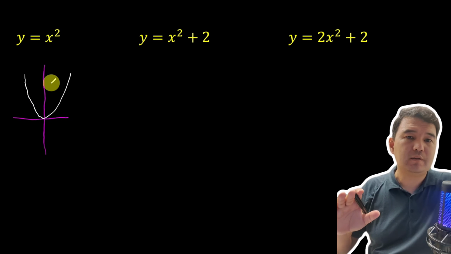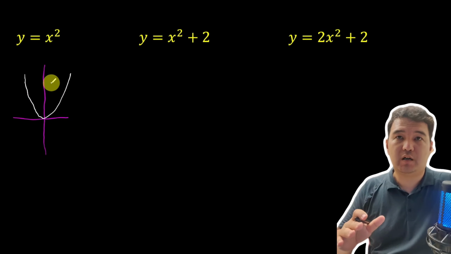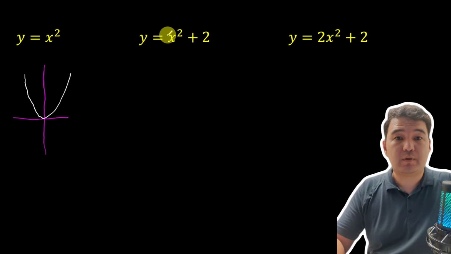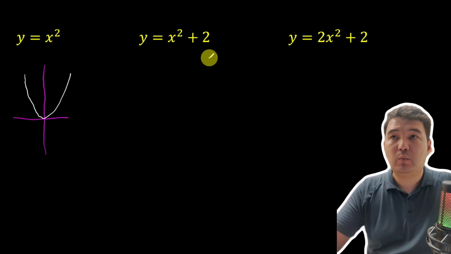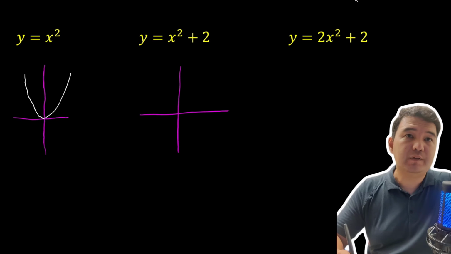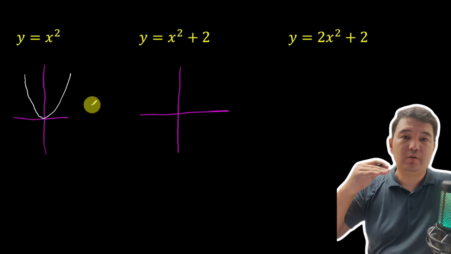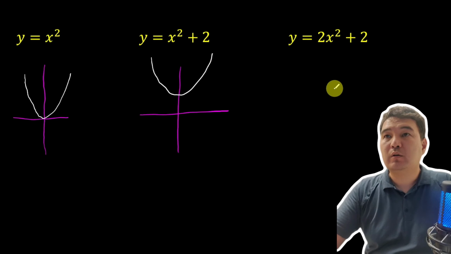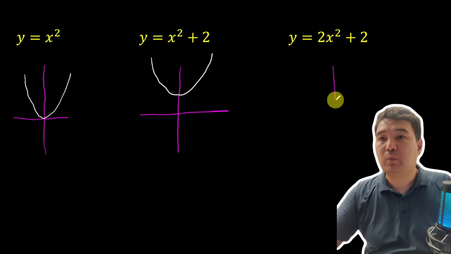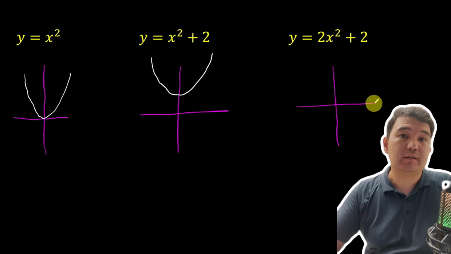All other parabolas are going to be transformations of this parabola. For example, x squared plus 2 is a parabola where you just move this parabola 2 units upwards. Or the parabola y equals 2x squared plus 2.